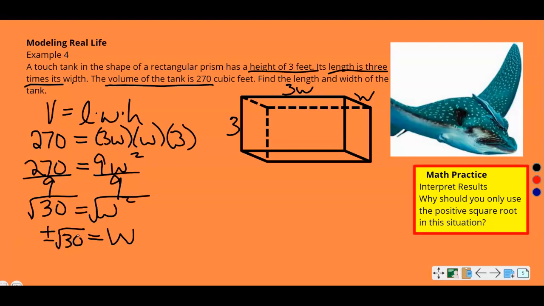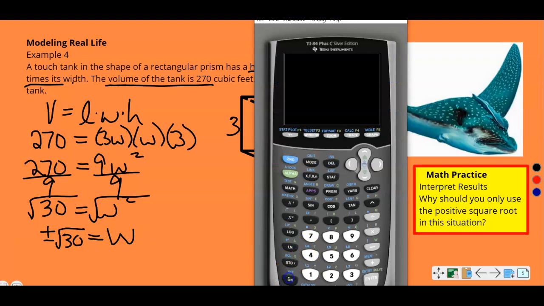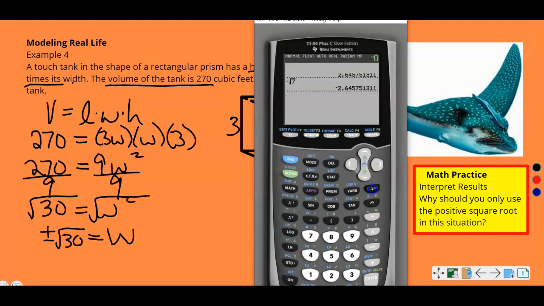All right, so I can approximate that using my calculator. So let's say the square root of 30 is about 5.5, and that makes sense because the square root of 25 is 5 and the square root of 36 is 6.